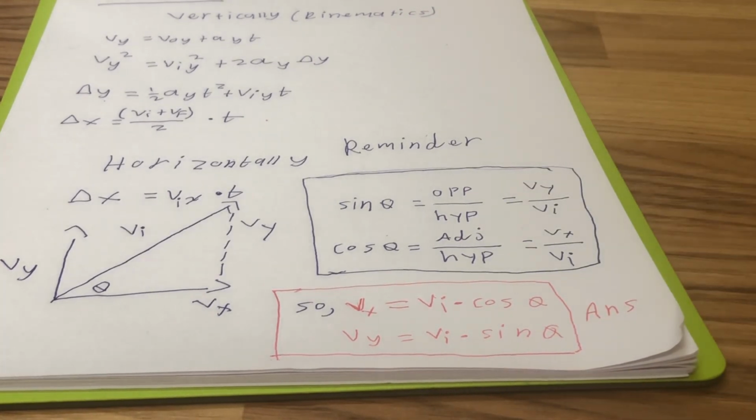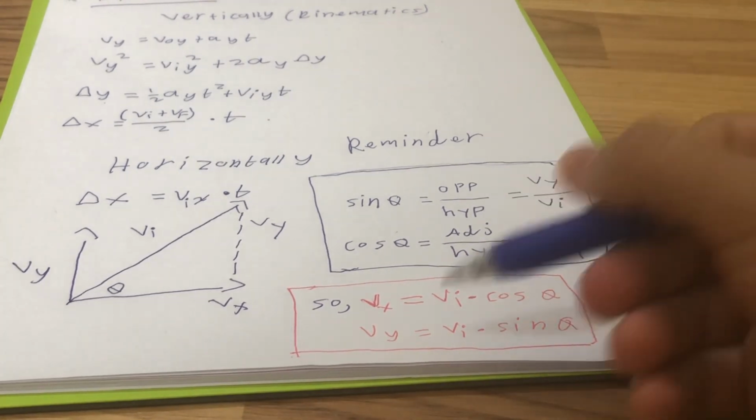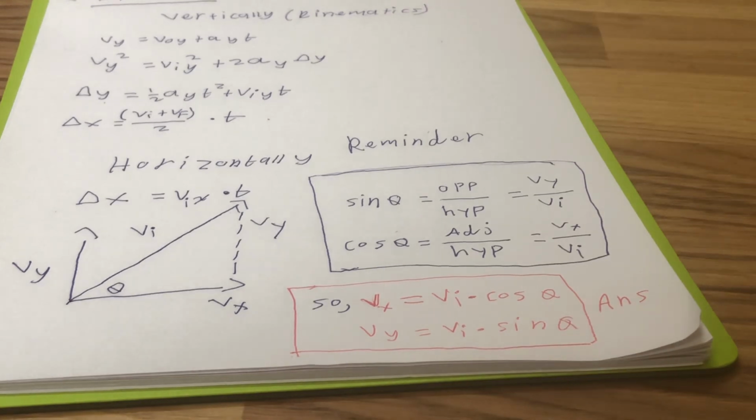This is just a rule. Don't write Vy equals Vi opposite times sine. No, this is wrong. Just write Vx equals Vi cosine theta and Vy equals Vi sine theta. For the Vx we use cosine angle, and for the Vy we use sine angle.